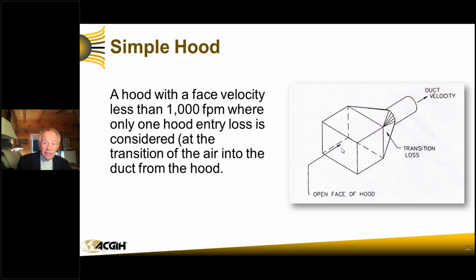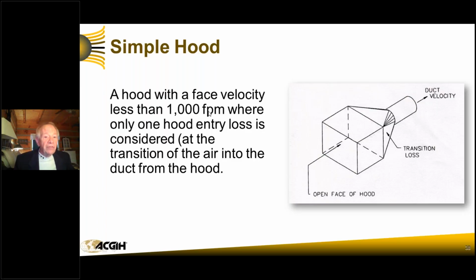It is typically thought of as a simple hood because we have one point of acceleration, because the loss here at less than 1,000 feet per minute is so small that it is insignificant compared to the loss at the transition where it accelerates to full velocity.